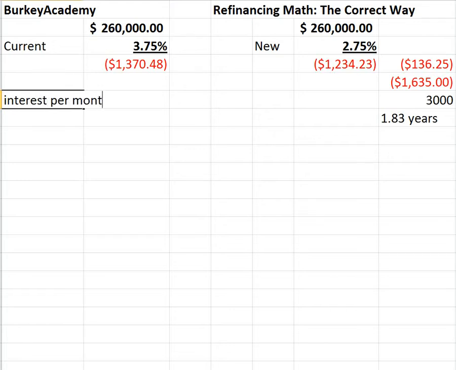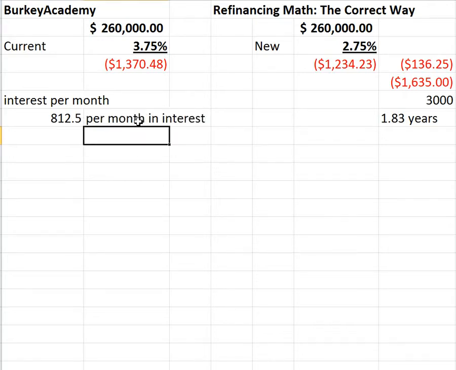Interest per month is going to equal, in parentheses, 3.75 divided by 12, that gives me the monthly interest rate, times $260,000. I'm paying $812.50 per month in interest to the bank, okay?